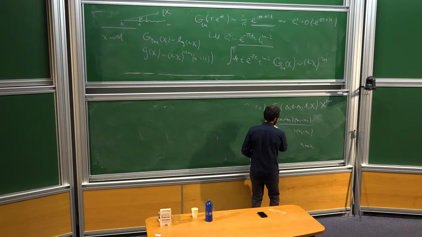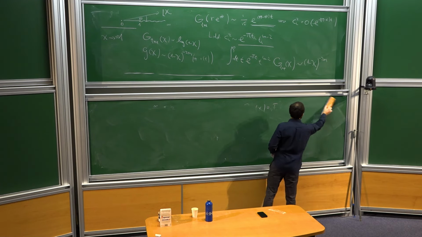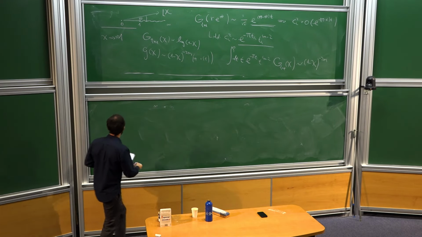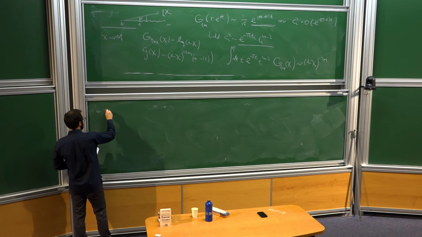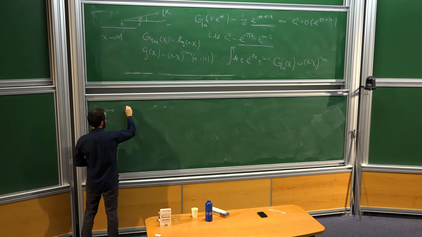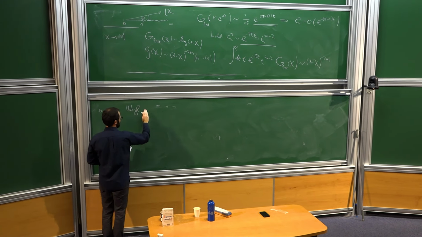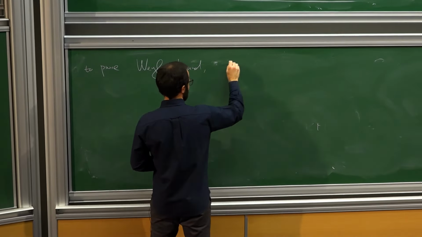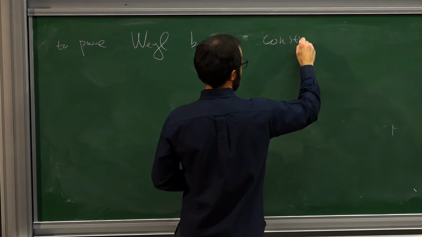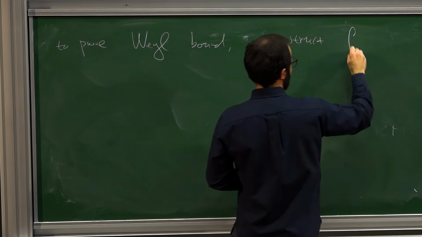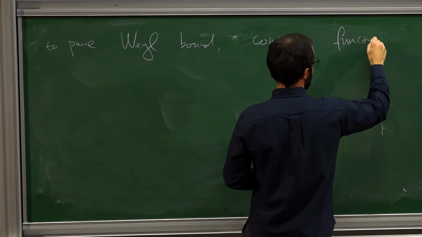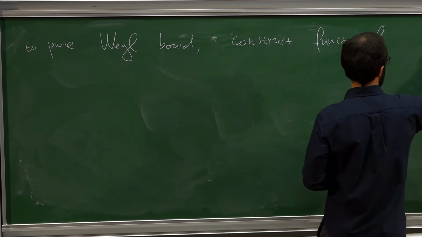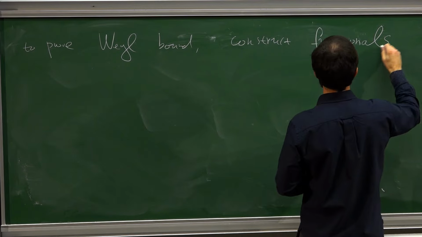But basically, the idea to prove the bound is that one needs to construct some suitable functionals. Similar functionals appear in various Tauberian stories in conformal bootstrap functionals.